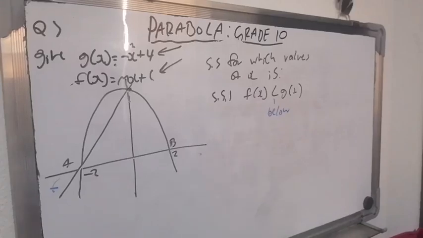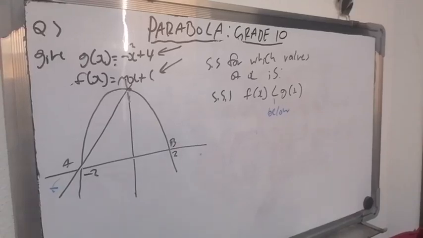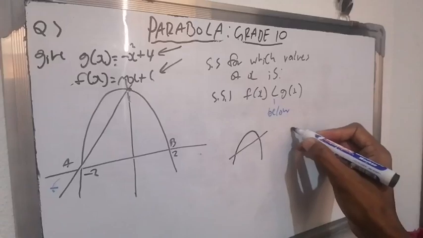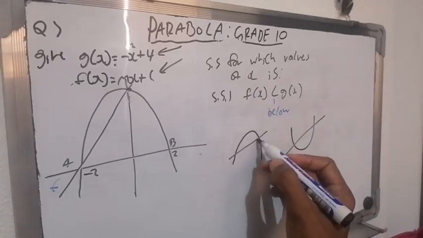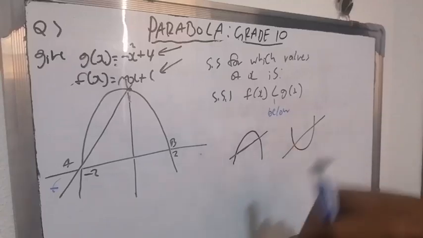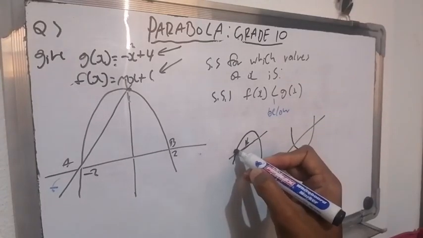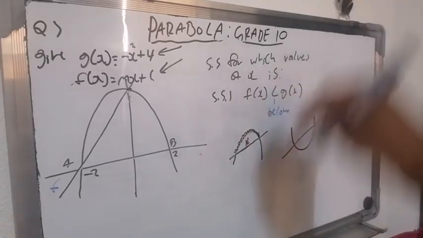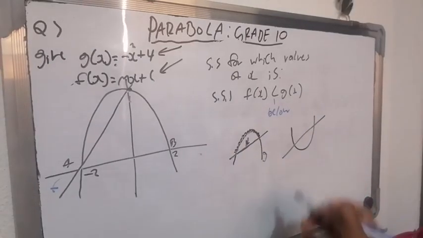Where is it below? When we talk about below, I want to do something like that so that you understand. Look at something like this and look at something like this. For example, do you realize that the straight line is below the graph of g?